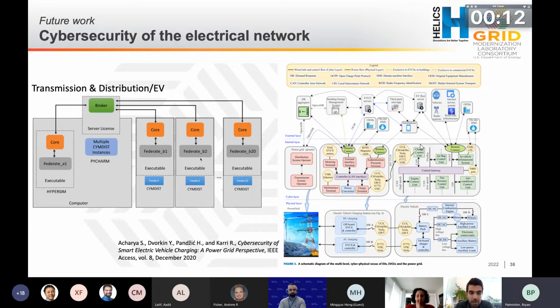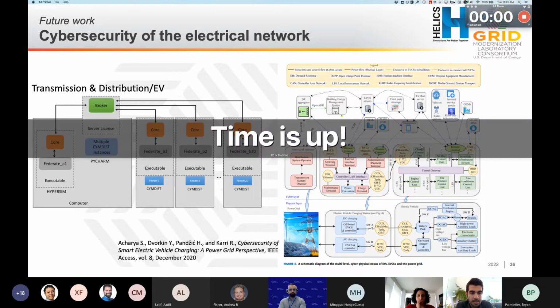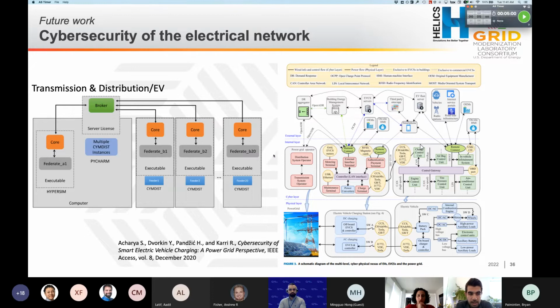That's the aim of this project. We put some of the components of the EV ecosystem on the right, and the architecture that we look to achieve is on the left. So far, we were able to integrate the broker with one of the SimDis instances, and we want to improve the applications. Thank you.